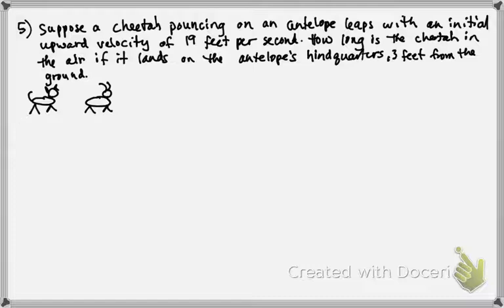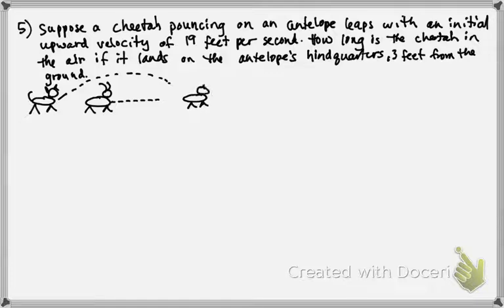So what's happening is that this antelope is going to be heading this direction, running. And this cheetah is going to just leap in the air. And what's going to end up happening is that you're going to have the antelope right here at this juncture.